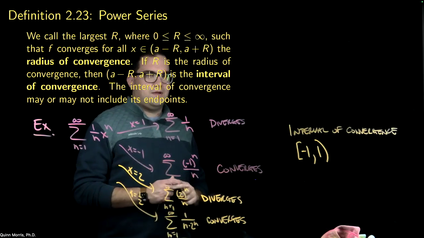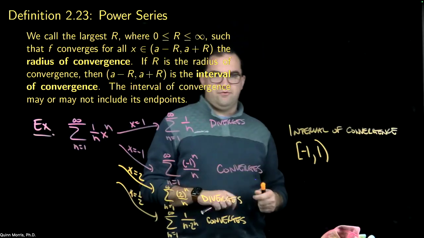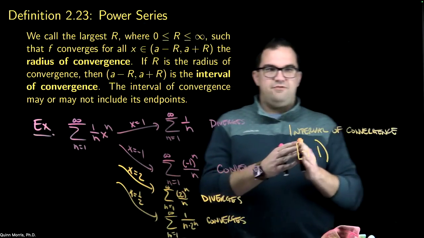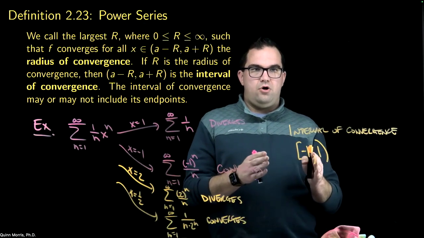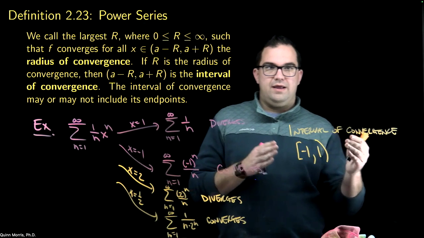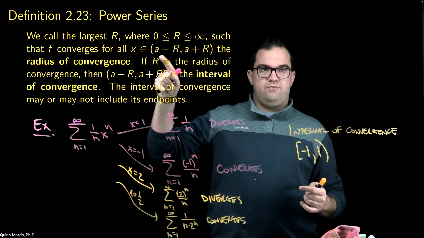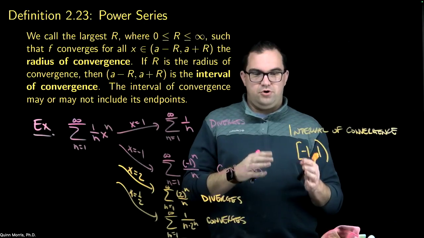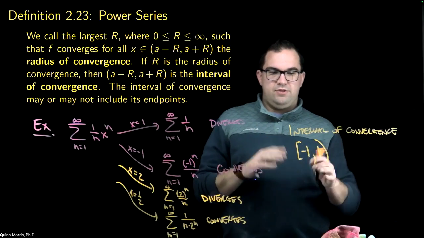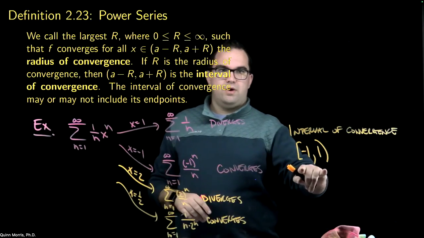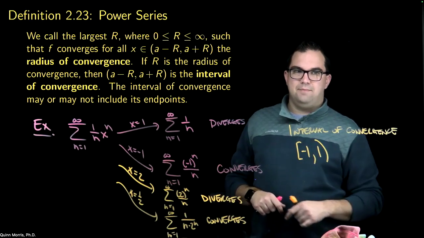If I'm going to have some interval centered at 0, so that it definitely converges all the way down to -R and up to +R, right? So my a is 0, so it's going to go from -R to +R for sure. And then the endpoints could go either way.